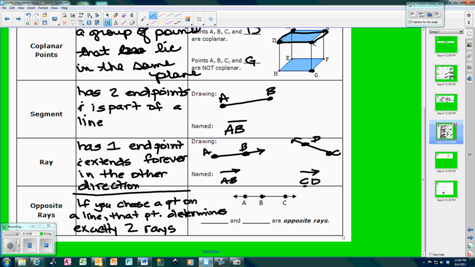For example, if I choose point B, notice I have a ray going this way and a ray going this way. So I would say ray BA and ray BC. Since B is the endpoint that I'm using, then I have to name it going this direction, and I have to name it going this direction.